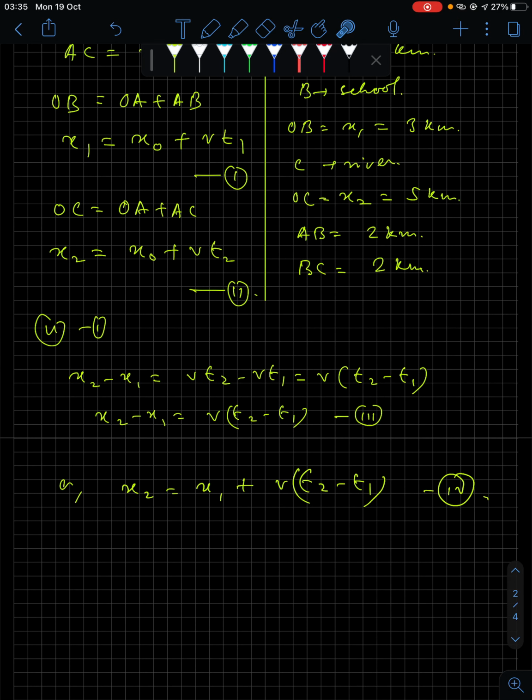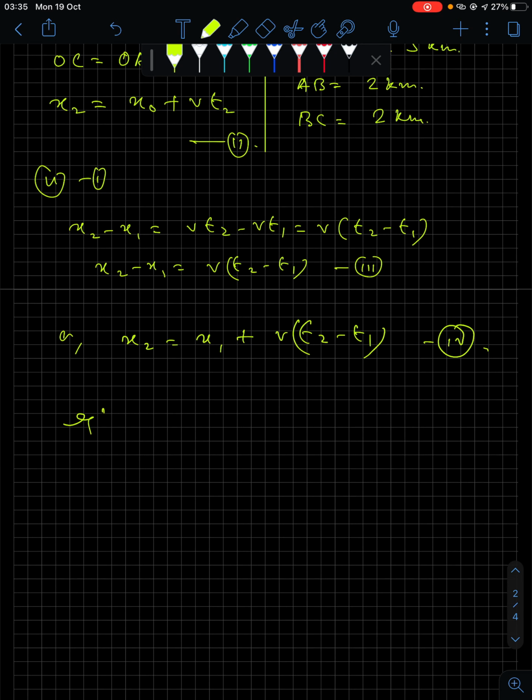So these are the information that you get from these four equations, and these four equations are the formulas for uniform motion. Equations 1 to 4 are the formulas for uniform motion.